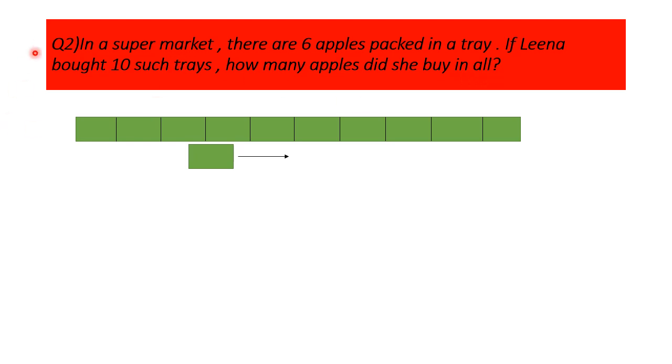Without doing the calculation, without even using pen or paper, we can tell the answer: if a tray has 6 apples and the girl buys 10 such trays, how many apples did she buy?